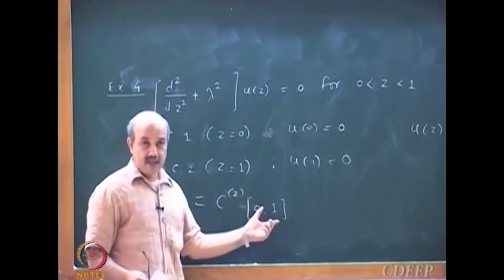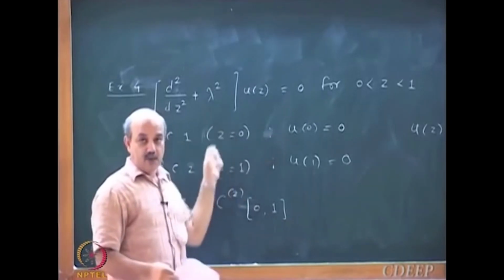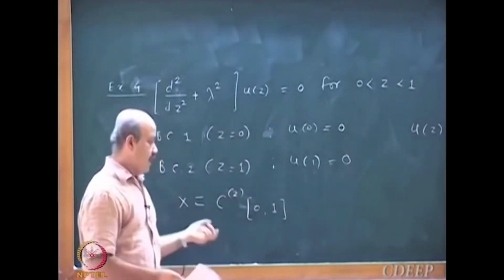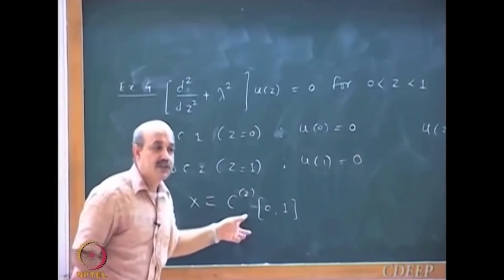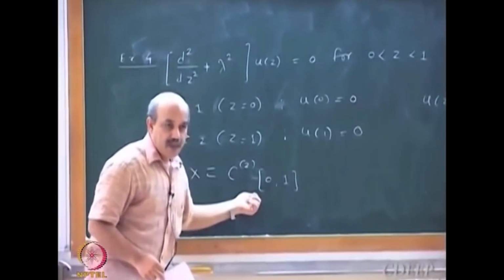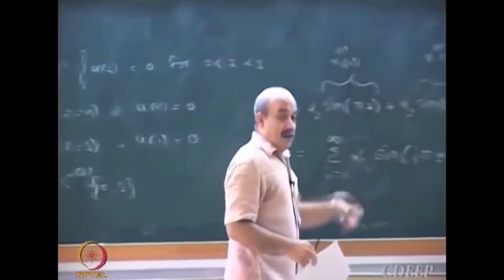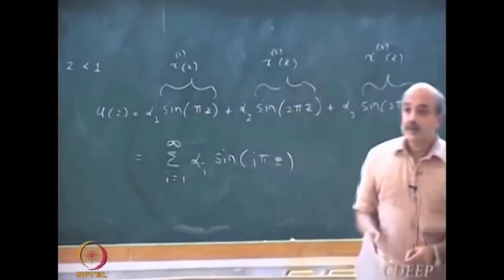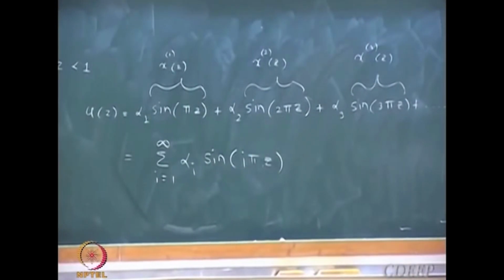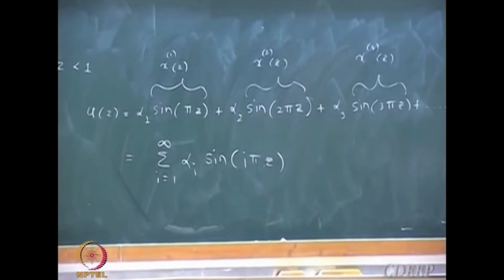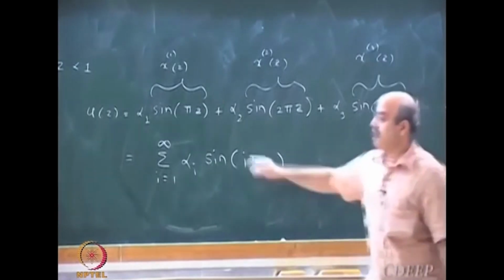It has to be square brackets, because two ends are included. There are two boundary conditions. So twice differentiable continuous functions on interval 0 to 1. That is the underlying space. Okay. So where does this solution belong to? Solution belongs to the span of.